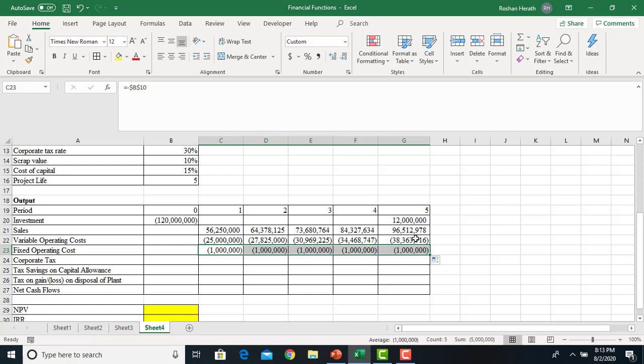Fixed operating cost. Once you get the net amount here, that is what we consider for the tax purpose. So you may deduct the cost from the revenue, and that profit is what we consider for the corporate tax purpose. Here we have purposely ignored the capital allowance. Later we may consider tax saving on that, right?